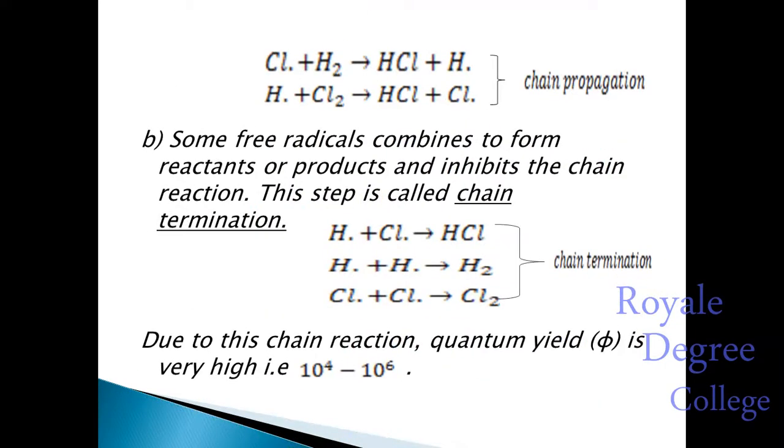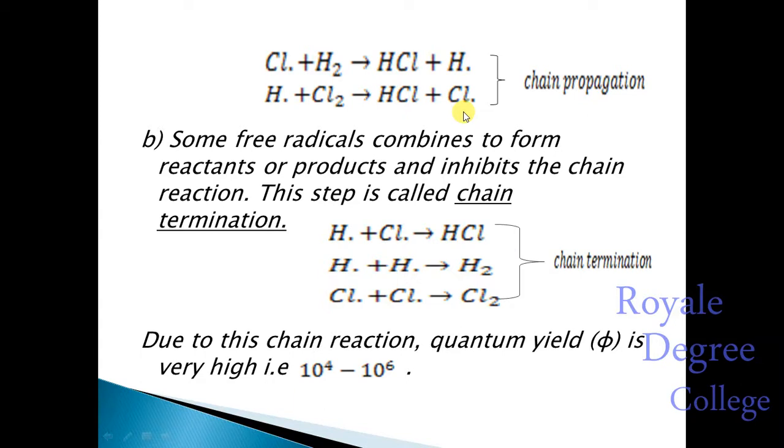You can see the reactions here. Chlorine free radical reacting with hydrogen molecule, we are getting HCl and hydrogen free radical. Then hydrogen free radical reacting with the chlorine molecule, we are getting HCl and chlorine free radical. This step is the chain propagation step.